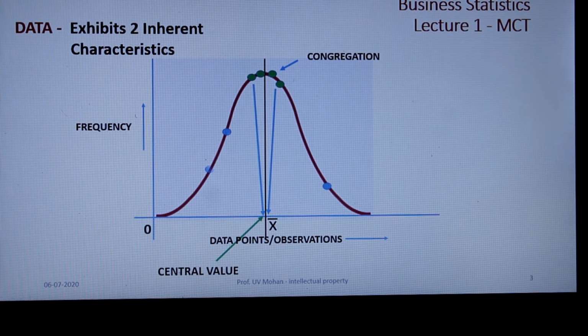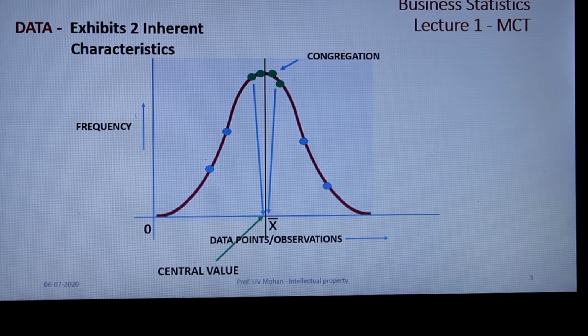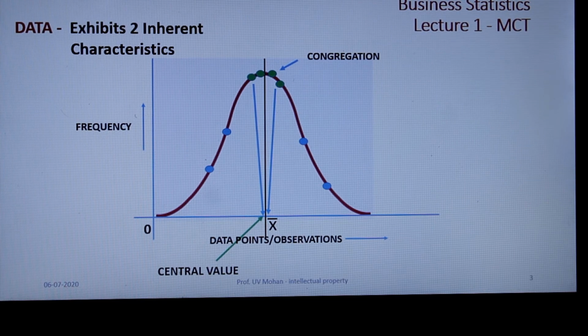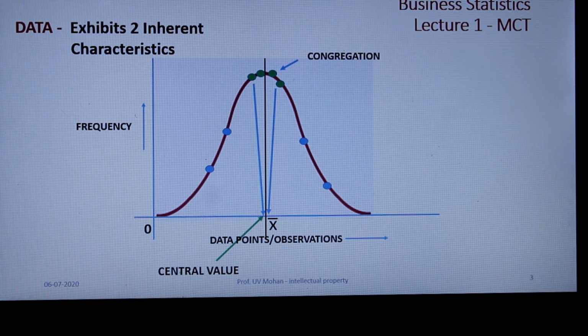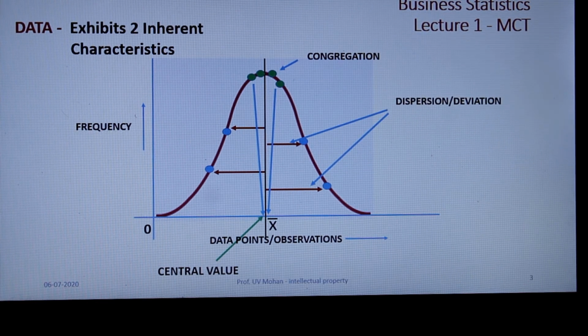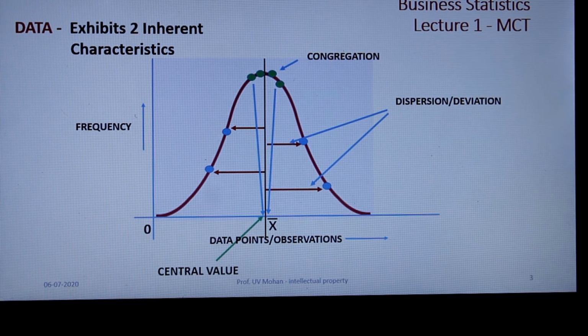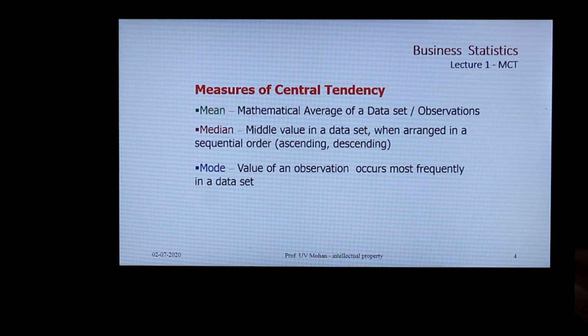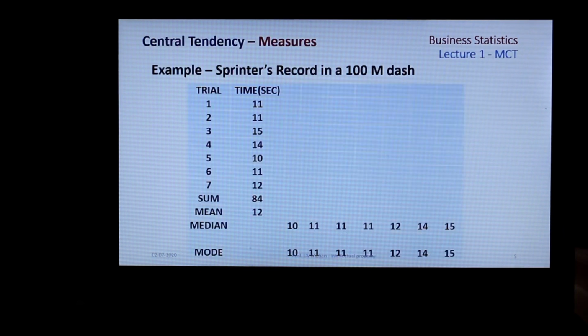You will also see other data points on the curve which are clearly spread from the central line, and typically this is what we call deviation or dispersion. These two are inherent characteristics of most data. We'll take a couple of examples and then explain all these things.